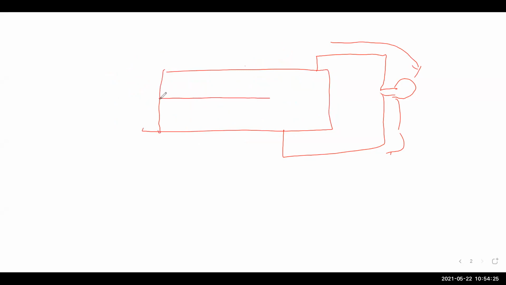Okay, we use the PN junction where phosphorus is injected in this, and let's take boron is injected in this, so electrons will be created, and over here there would be free holes.